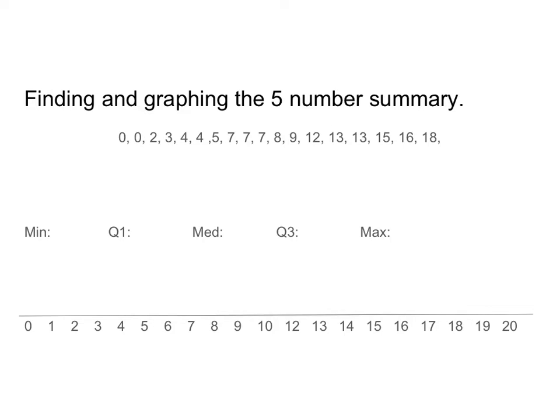Okay, so right away you can see that the minimum is 0 because that's the lowest number, and the maximum is 18 because that's the highest number. And since there are 18 numbers, then I know that in between 9 and 10 is going to be my median. So in between 7 and 7, which happens to be 7. And then quartile 1, we're just finding the median of that lower set.